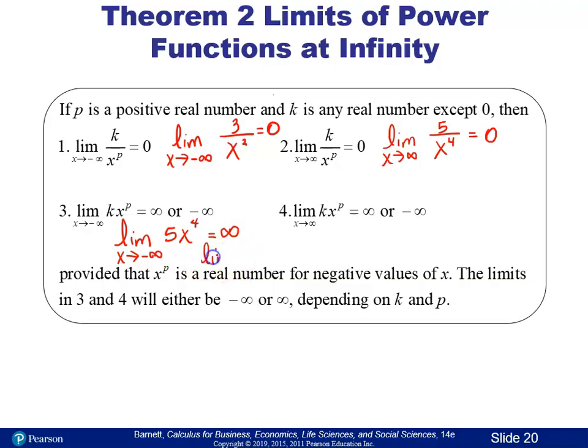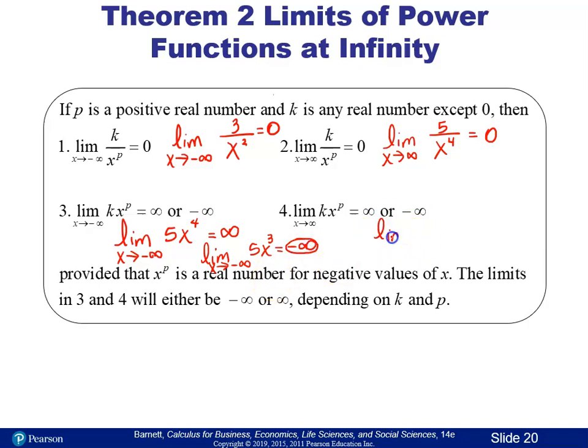Now, if I had something like the limit as x goes to negative infinity of 5x to the third, that's going to go to negative infinity, because just think about putting in something like negative 1 million. Negative to the third power stays a negative, and so it's going to be negative infinity.